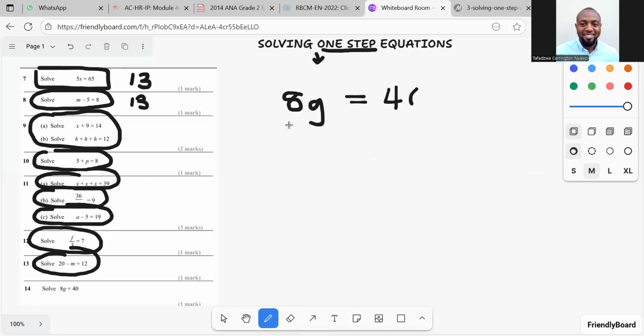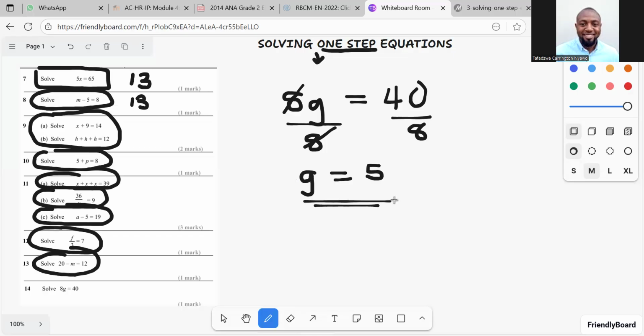I just divide here by 8, and you know why we are dividing by 8 on both sides. What I do on the left is also what I do on the right. So these cancel out, and then g is equal to 5. So I have solved for g.